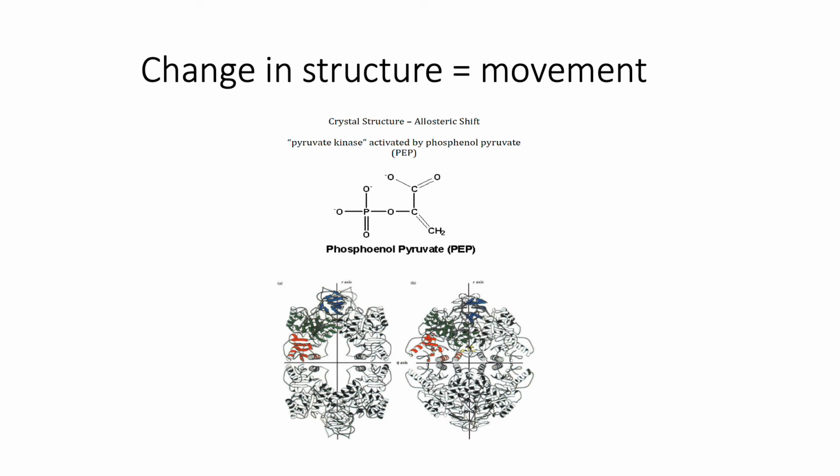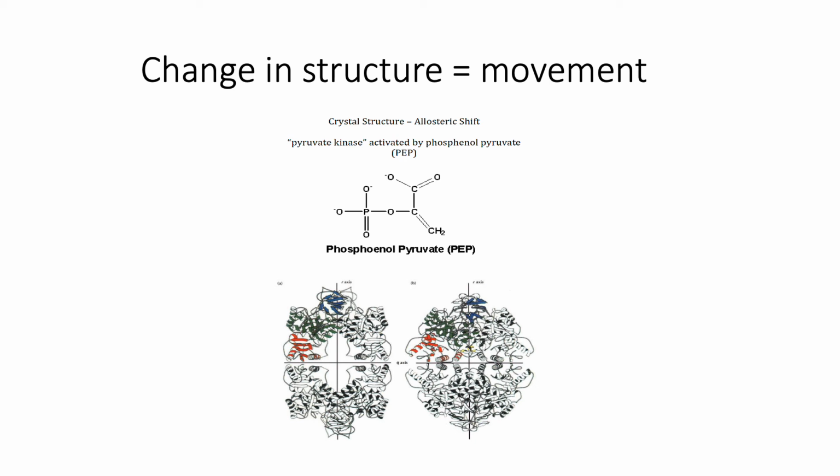So this is the structure of an enzyme called pyruvate kinase. Again, another kinase which is involved in phosphorylating other proteins. It's regulated by an allosteric regulator called phosphoenolpyruvate, which I'm showing in the middle, sometimes referred to as PEP.